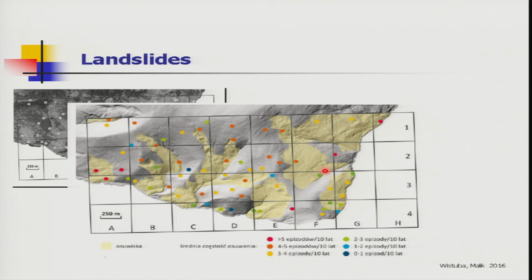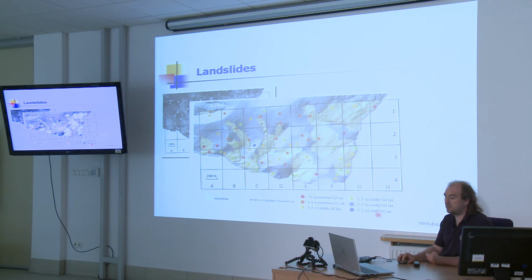So again, in this yellow color, landslides, and the color dots indicate study plots, and different colors indicate different intensity of the occurrence of landslide episodes. With blue, we've got very rare landslides, less than 1 or 2 events per 10 years.